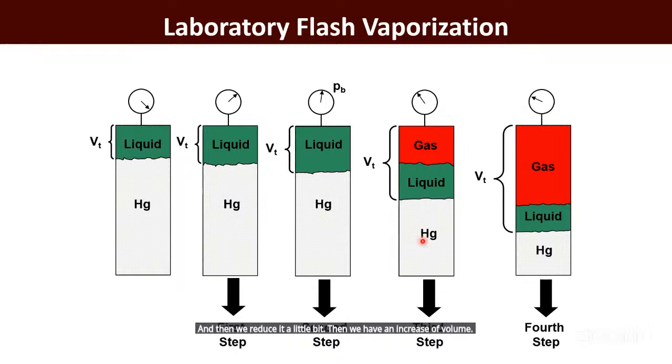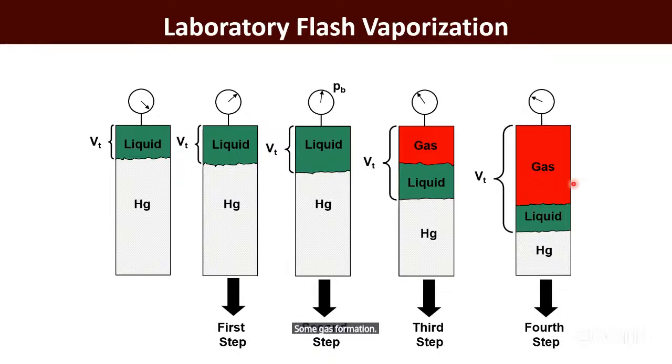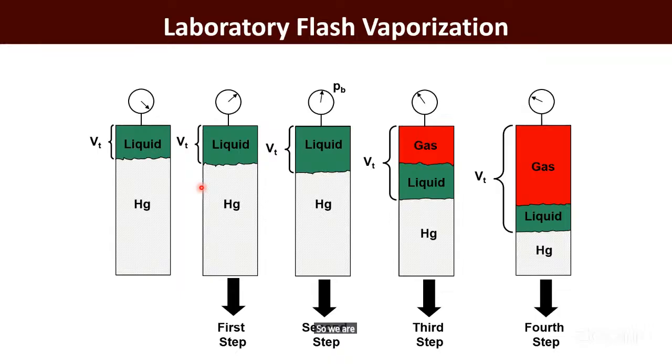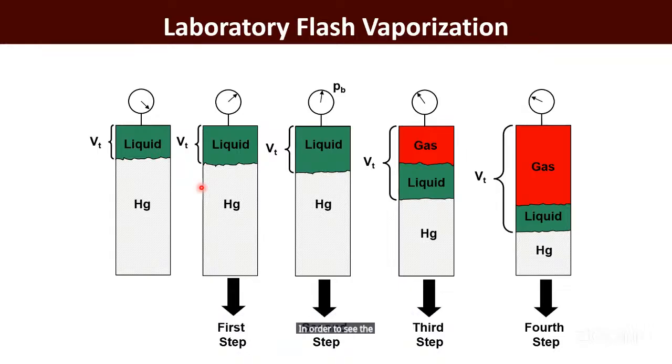When we drop below the bubble point, we will see on the screen of the lab device some gas formation. With a further drop, we will have an increase of the gas formation. So we are dropping the pressure through stages by reducing the amount of mercury inside the vessel in order to see the volume change related to reducing the pressure.